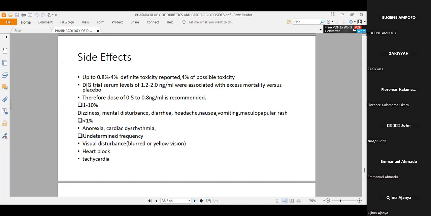It can cause arrhythmia and heart block. It causes visual disturbances. Patients may present with blurring of vision or yellowish vision, the so-called xanthopsia.